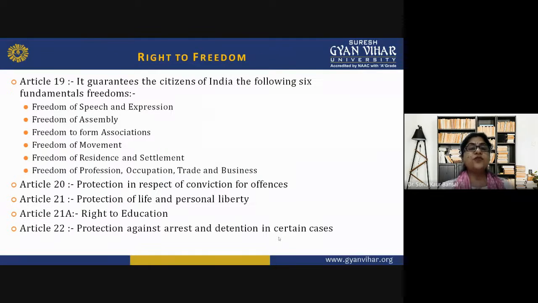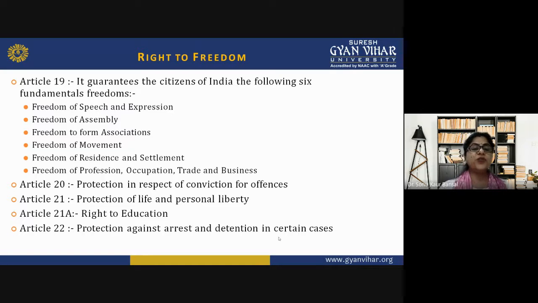Then, right to freedom, Articles 19 to 22. Article 19 guarantees citizens of India the following six fundamental freedoms: freedom of speech and expression, freedom of assembly, freedom to form associations, freedom of movement, freedom of residence and settlement, and freedom of profession, occupation, trade, and business.